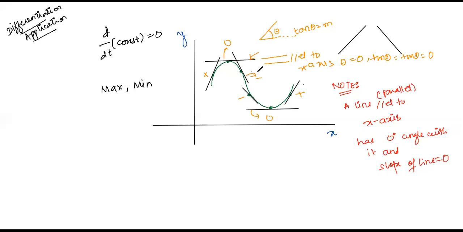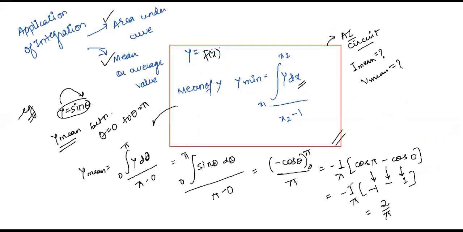All right. So in today's class, we had a discussion of differentiation and its application in this manner, right? We'll be continuing it further. We also understood about application of integration, where we understood how to calculate the mean or average value.